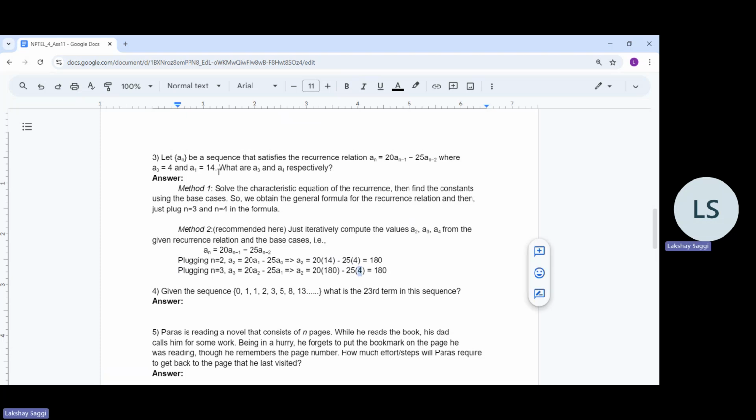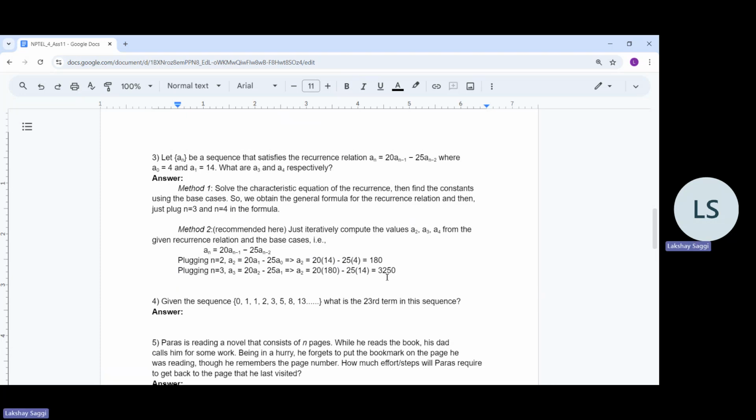So 25 times 14 is 350. And this will be 3600 minus 350, which is 3250. Yeah.